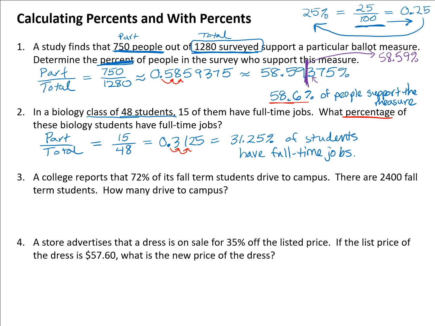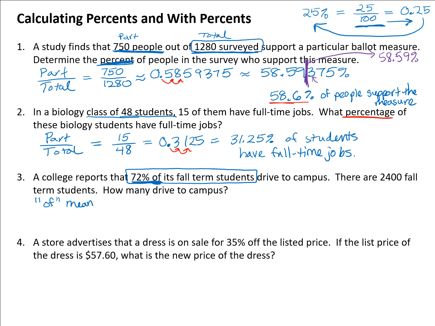Okay, so one tip, when you're asked to calculate a percentage of something, in this case, percentage of fall term students, what we are looking at in mathematics is that this "of" is often considered multiplication. It's another word for multiplication.